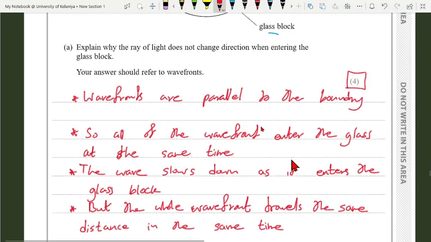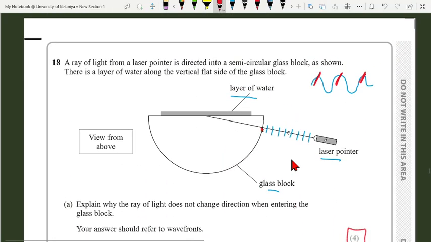Here I drew very small wavefronts. You may ask why. The reason is the wavefronts just represent the top of the wave. If you make it smaller and smaller, you can easily understand what's going on. The boundary will be this place, and you can clearly see our wavefronts are parallel to that boundary.